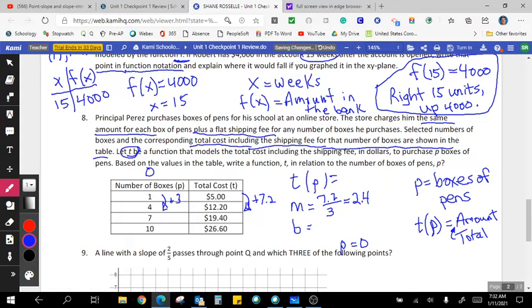I go backwards. If I'm at 5 right here and I go back 2.4, I'm going to say 5 minus 2.4, wouldn't that be 3.6? So 3.6.